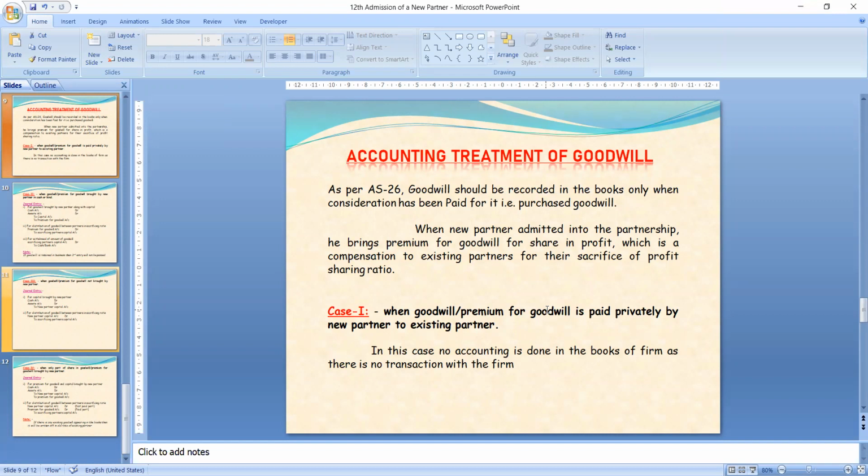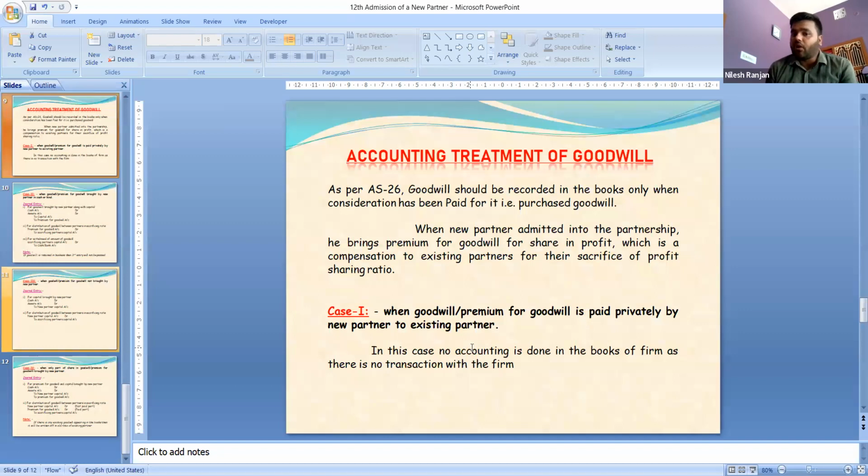If firm is not involved in that transaction, then we will not record that transaction. So in this case, no accounting is done in the books of firm as there is no transaction with the firm.